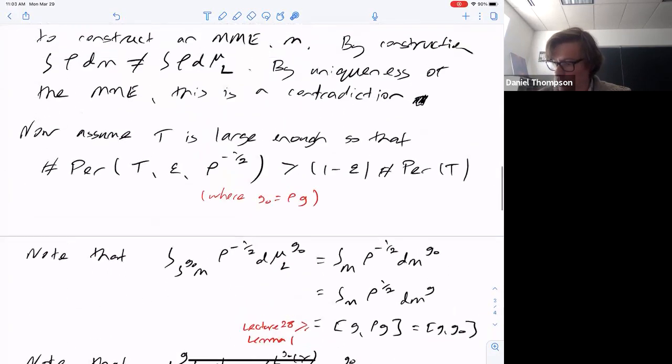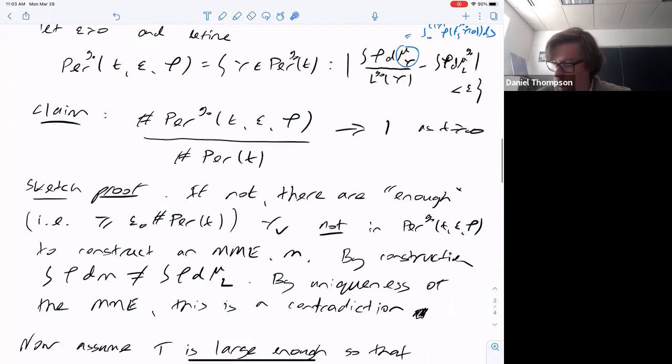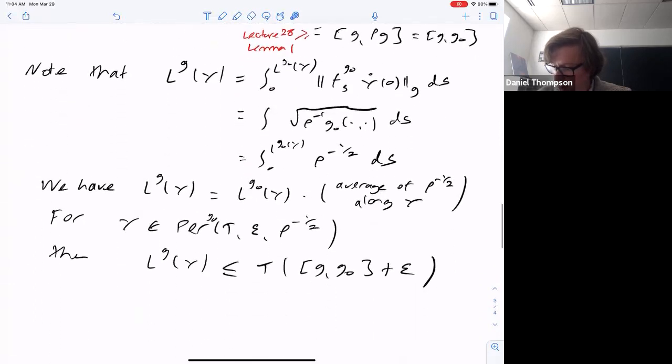The point was that the integral along the curve, the average along the curve, is within epsilon of the integral with respect to Liouville. That's that equals that. So we get this.